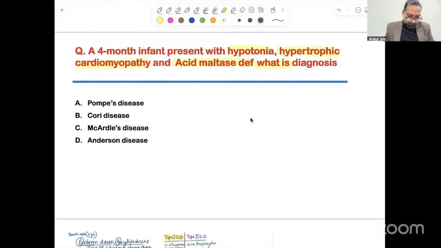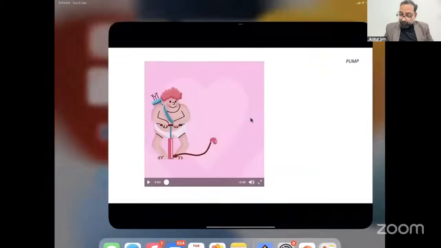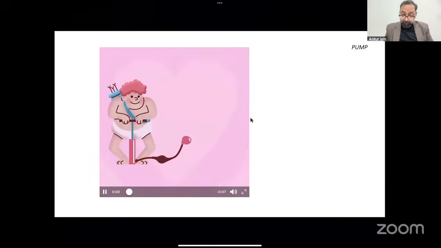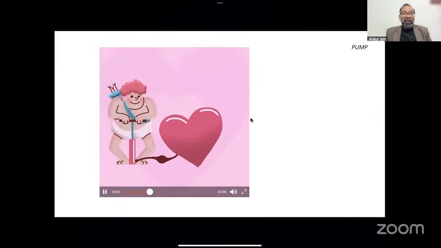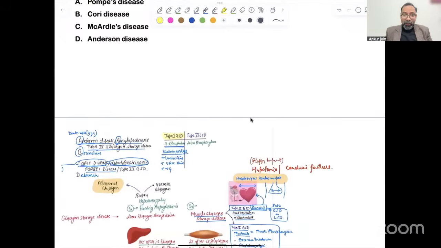What's the diagnosis? Yes, we have discussed Pompe's disease previously. This is a frequently asked question, recently asked. Hypertrophic cardiomyopathy, and death usually occurs due to heart failure. We all know.